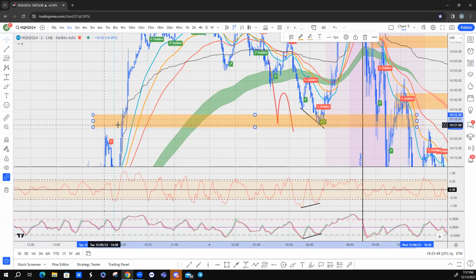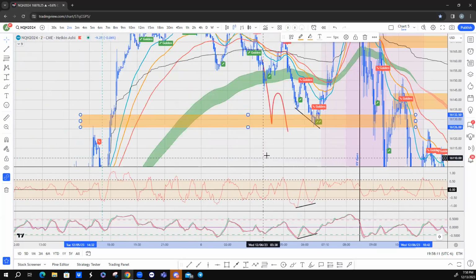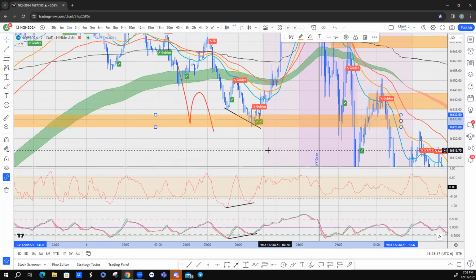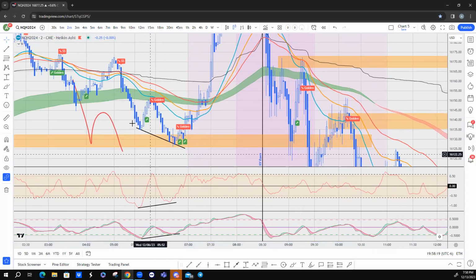If you look at my crosshair from the top of this wick, the wick over here to where that divergence is, it's touching right on that crosshair. So it was perfect. That's all it took for this to make a nice reversal. So this is what I'm saying. Always look left. Looking left is going to give you clues on how to trade right. So learn how to do that.